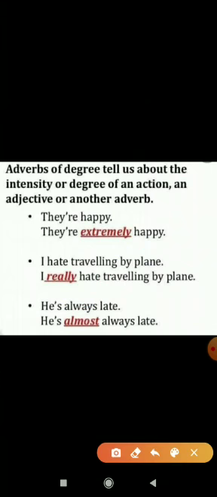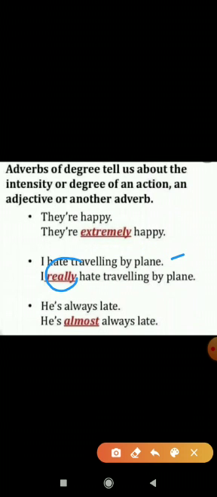Or in this example, I hate traveling by plane. If you say, I really hate traveling by plane, it tells us the degree. It tells us how much or to what extent you hate it. You really hate it. You really don't like to travel by plane.